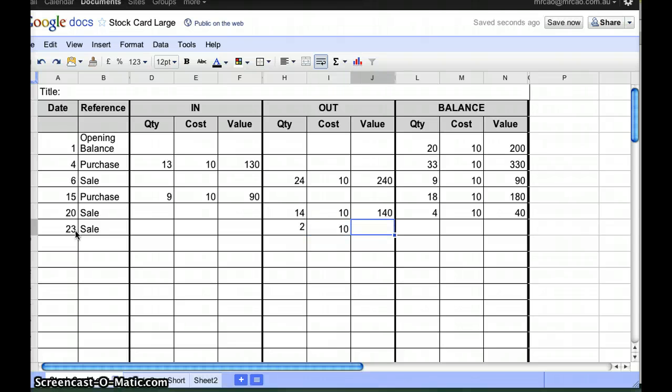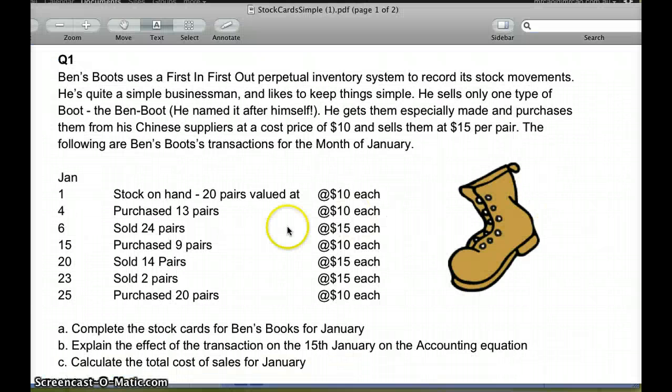The cost is $10, which gives me 20, and so I only have 2 items left because I just took 2 out of the balance of my inventory.